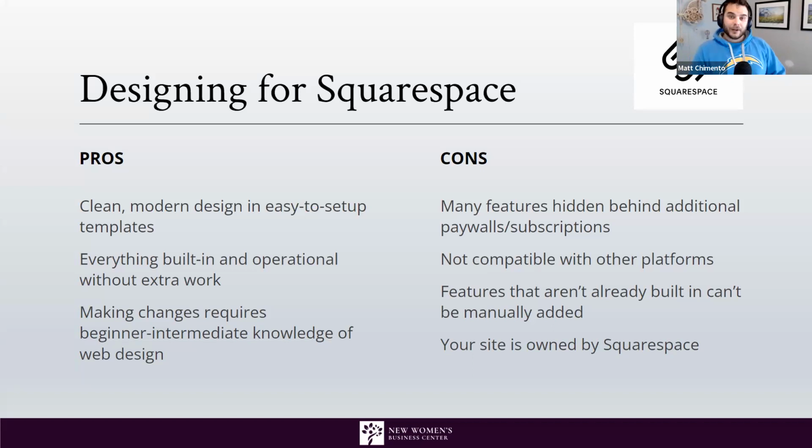So Squarespace or other site builders have very clean design, usually in-house designers that are building pages, layouts, elements that you can use and modify yourself very, very easily. It's really modern. It all works. You don't have to go into the code or anything like that. It all just works.